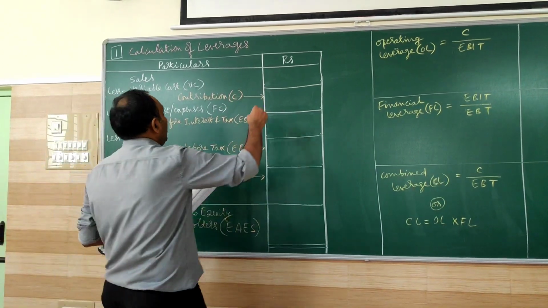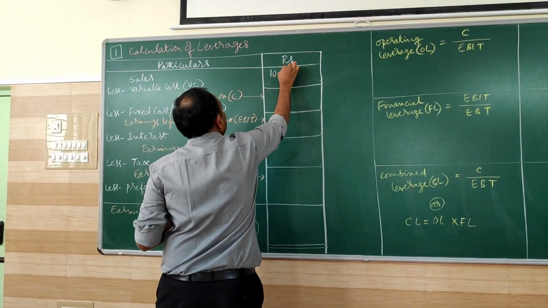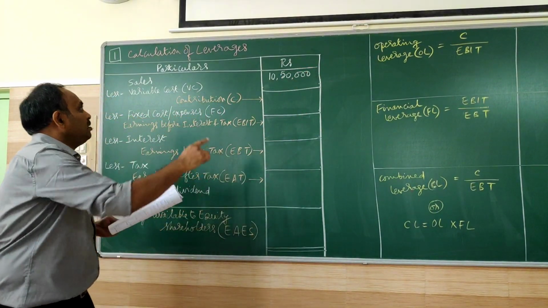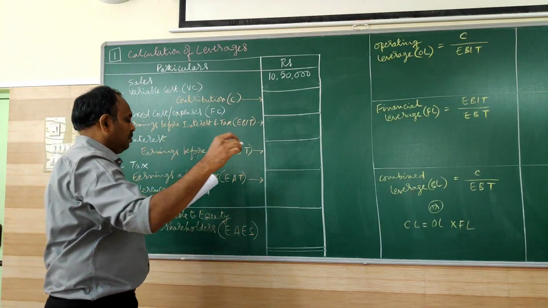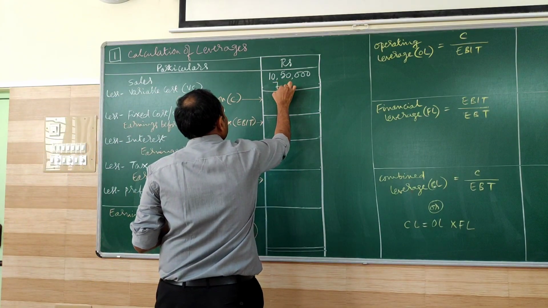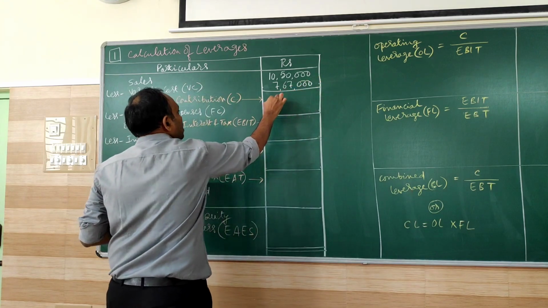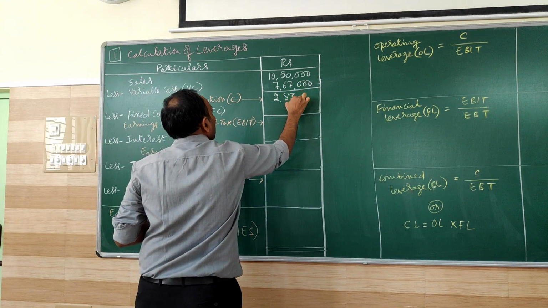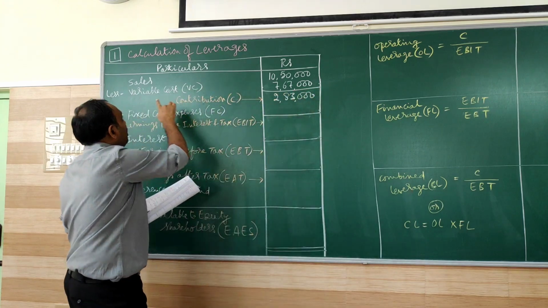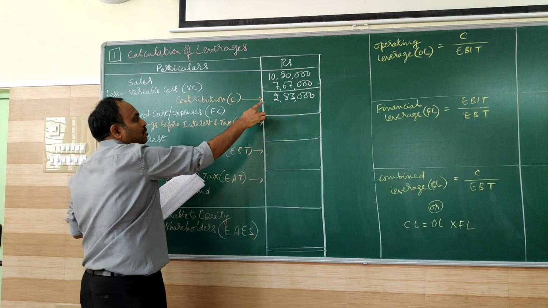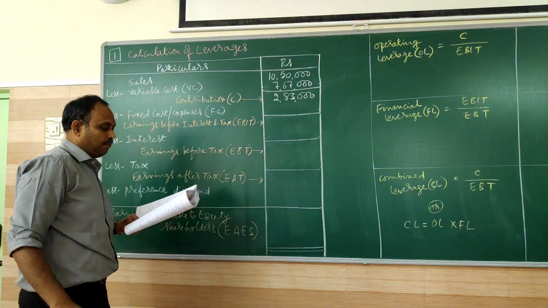In the problem given we have sales as 10,50,000. Next we need variable cost. Variable cost is given as 7,67,000. The result, that is the contribution after deducting the variable cost, is 2,83,000.